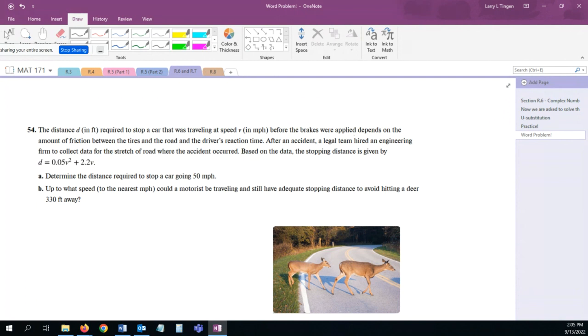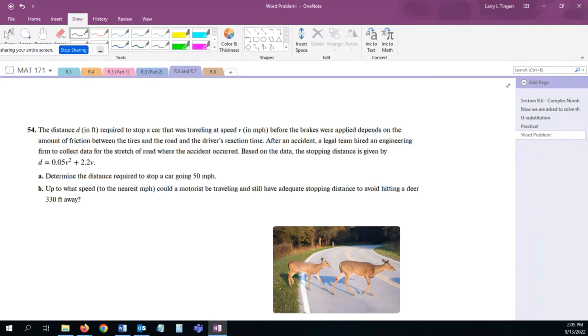The distance required to stop a car that was traveling at speed V in miles per hour before the brakes were applied depends on the amount of friction between the tires and the road and the driver's reaction time. So you got a couple things going on. You got to have good tires and you got to have good reaction time, and a decent road. After an accident, a legal team hired an engineering firm to collect data for the stretch of road where an accident occurred.